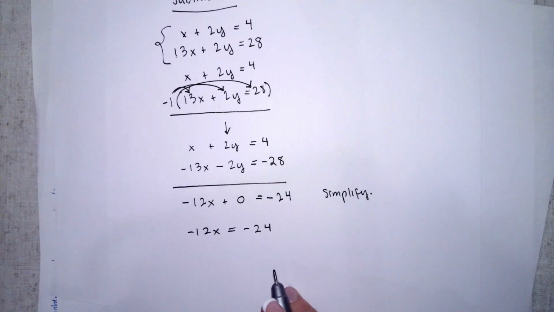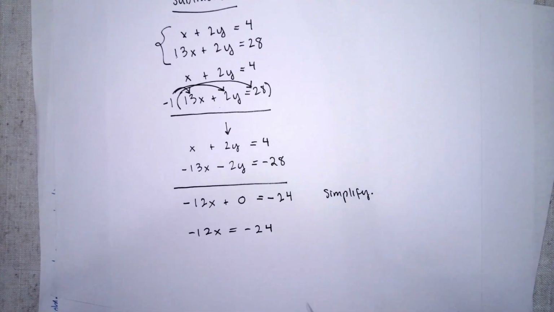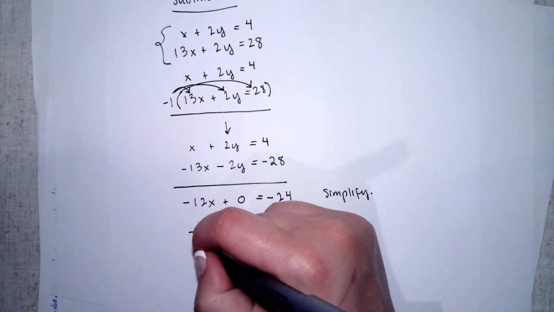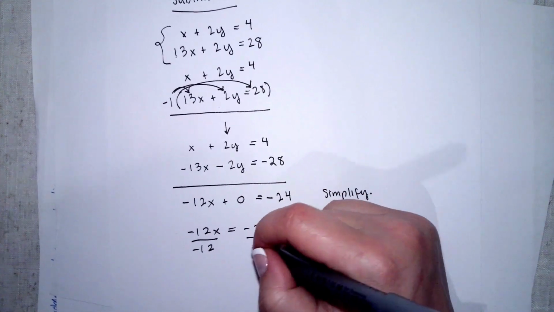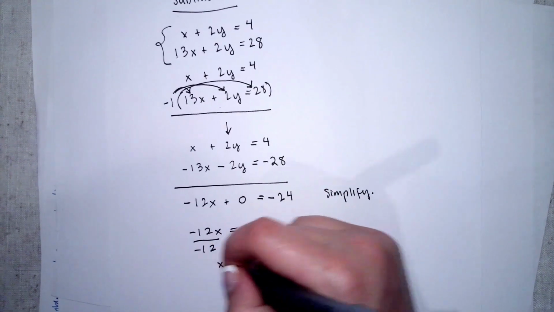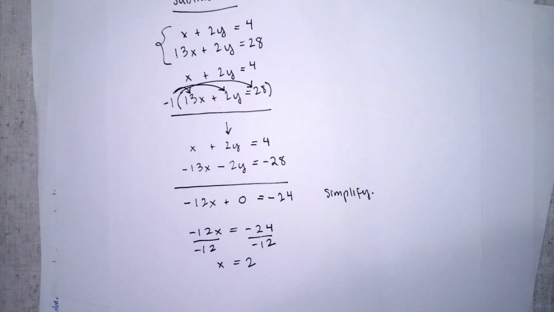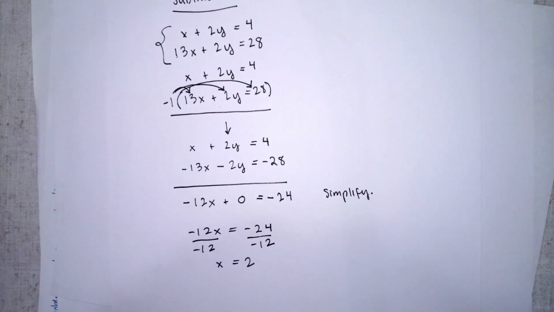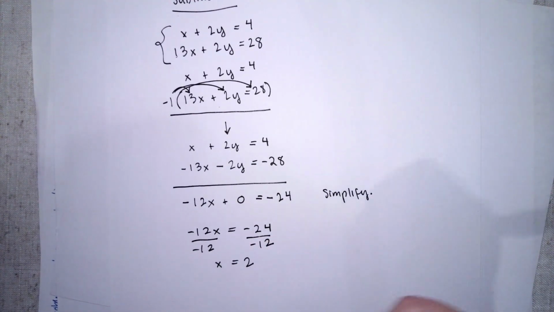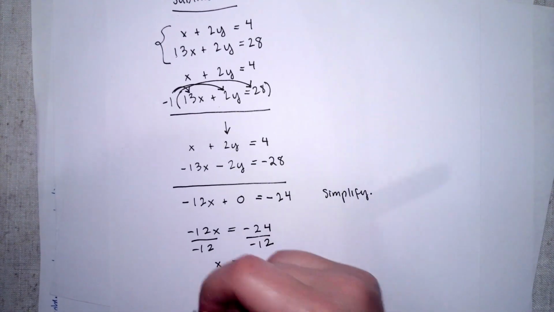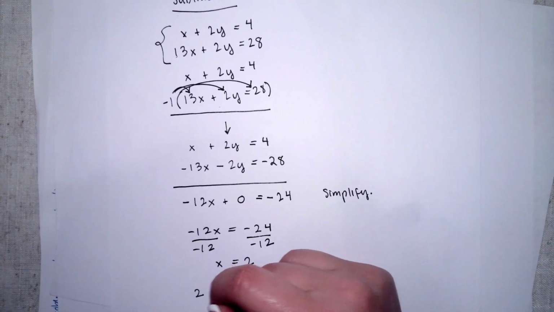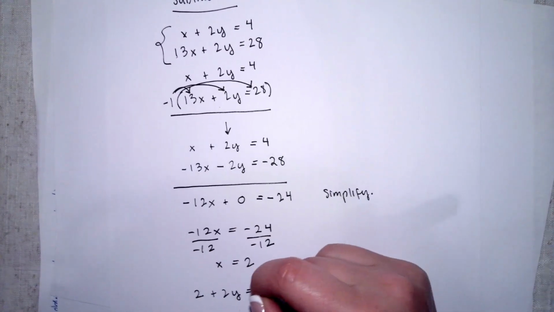Pretty straightforward. 12 is half of 24, so we can divide by -12 on both sides. x equals 2. Okay, so we have one term. Now we're going to go ahead and plug this variable back in. So I'm going to take the top equation, and instead of x, I'm going to put 2, plus 2y equals 4.